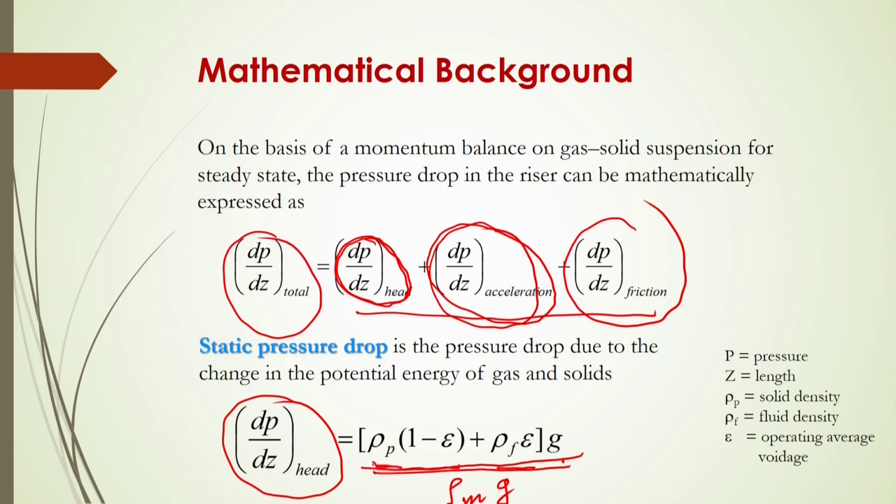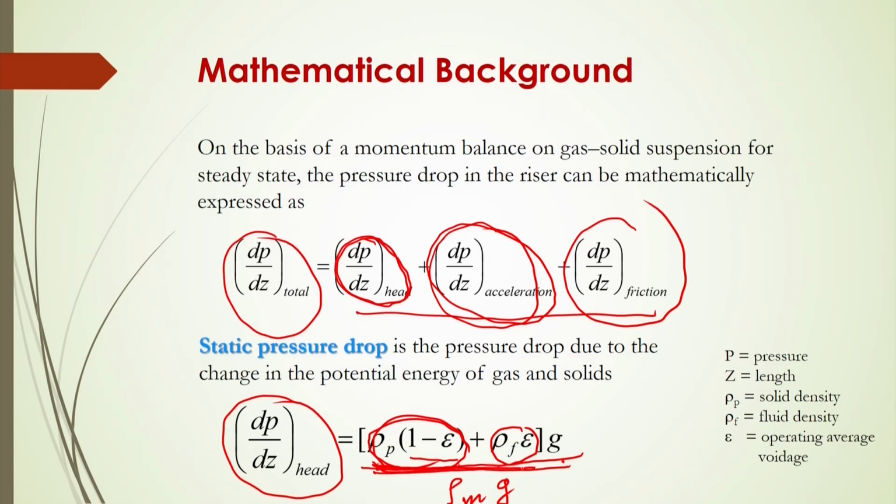Now, this is the particle density, rho p into (1 minus epsilon), where 1 minus epsilon is the fraction of solid volume inside the bed, and rho f into epsilon is the actual volume of the fluid inside the bed.